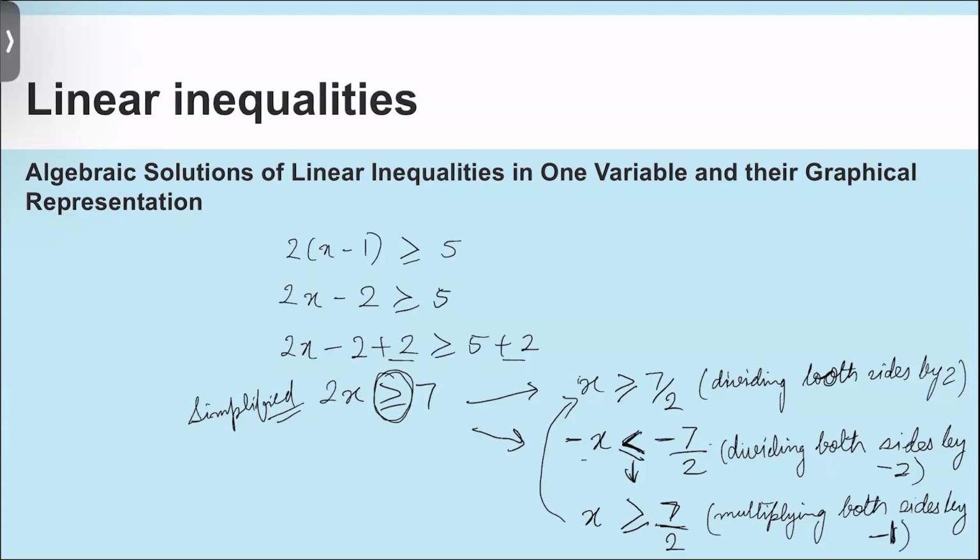So these are some of the rules that we learned in the previous class and which we follow when solving the given linear inequalities.